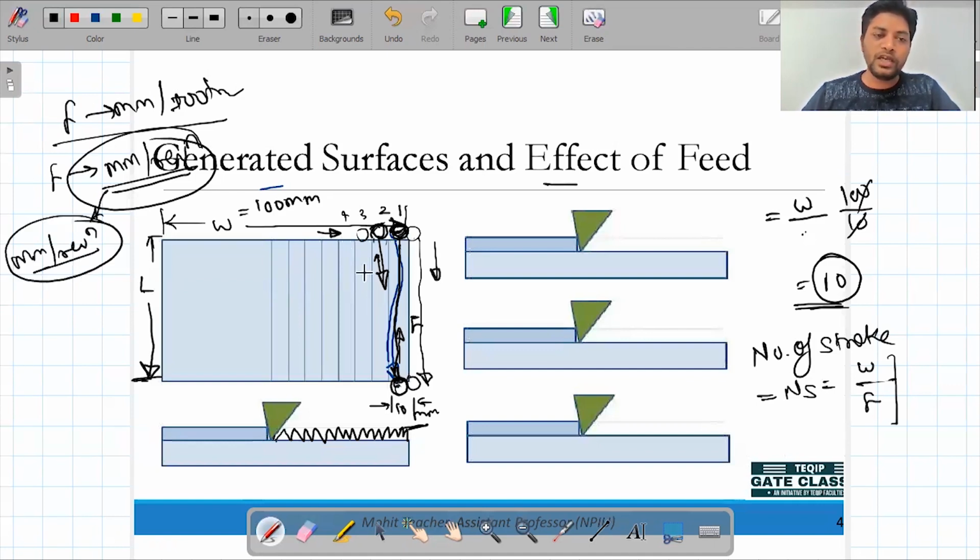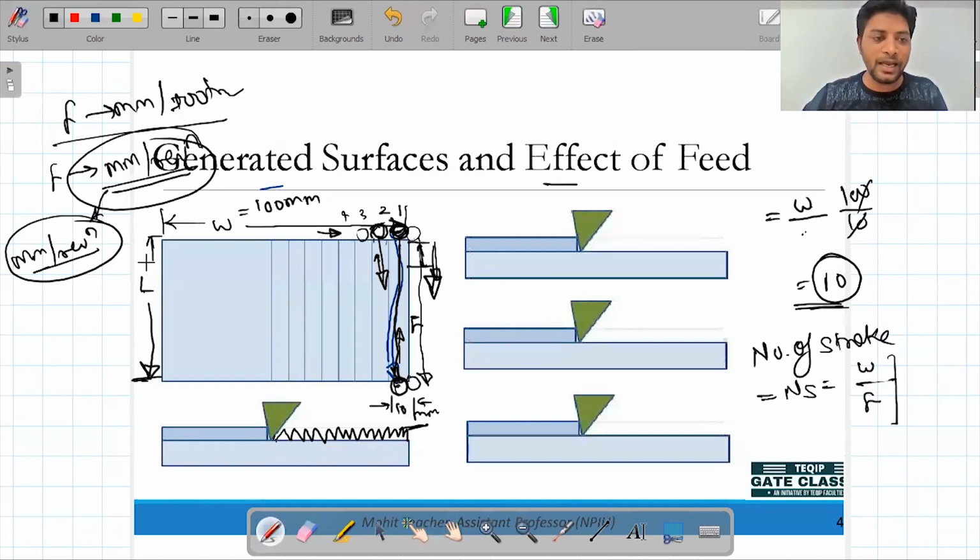But here we are giving a feed. There is no rotation here, because if we are talking about the tool, we are not talking about the mechanism now. So this tool is just reciprocating, means we are providing a stroke in which the material is removed. So we are just calculating how much amount of the material is removed in one stroke.